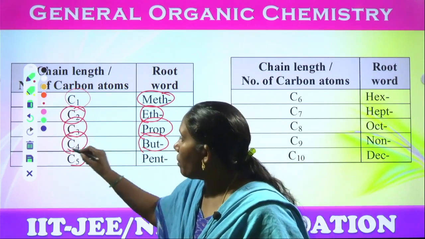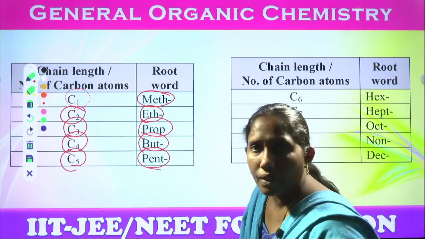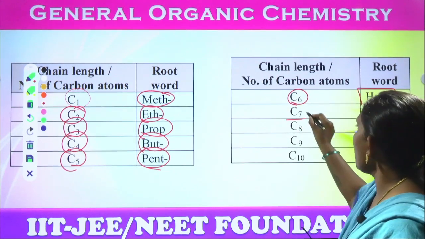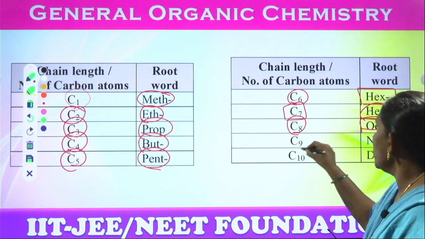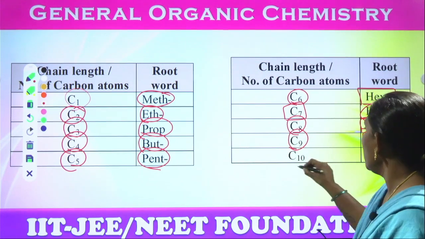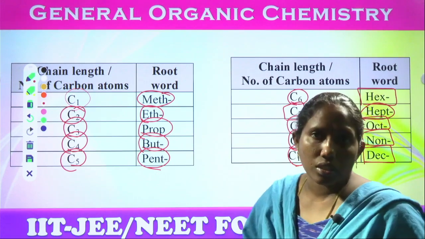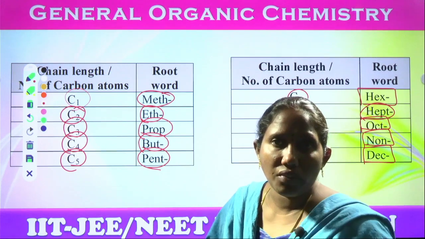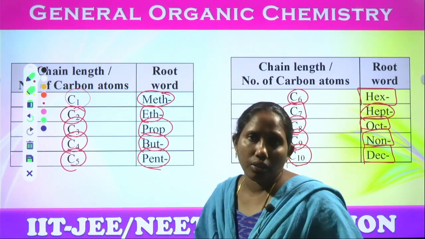If you have 5 carbon atoms, the root word will be pent. 6 carbon atoms, hex. 7 carbon atoms, hept. 8 carbon atoms, oct. 9 carbon atoms, non. 10 carbon atoms, dec. So these are the root words. Means the root word is nothing but the number of carbon atoms present in the given organic compound. That number gives you the root word.